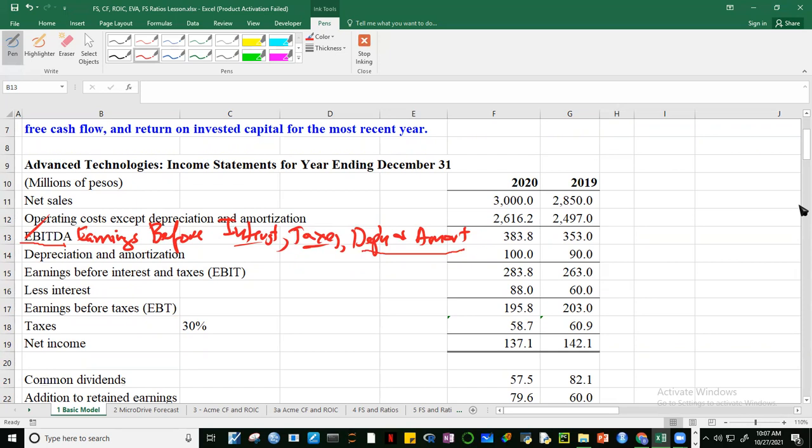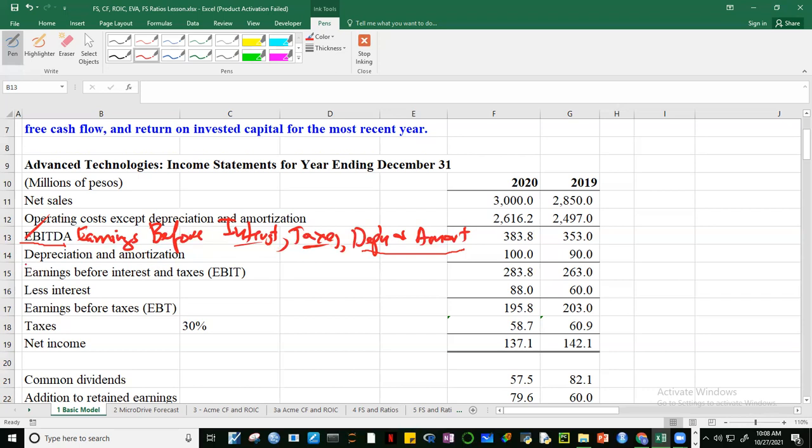The answer to that is depreciation and amortization is usually singled out because this amount will be used especially in the statement of cash flows. Depreciation and amortization are non-cash expenses. So these are examples of non-cash expenses that are deducted from the net sales.